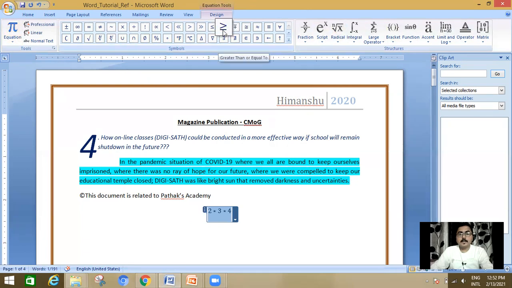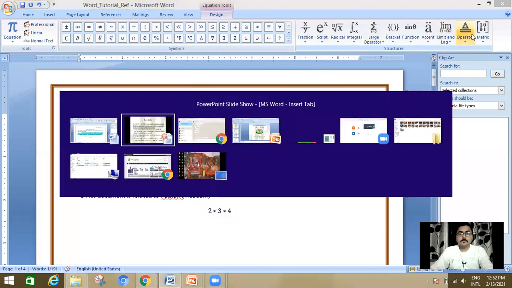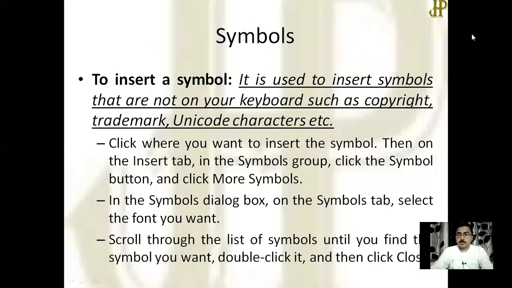Less than, greater than, Fahrenheit, Celsius, under root, and various functions related to maths as well. This is not the part of a computer teacher. That's why I am just giving you a scenario of this.